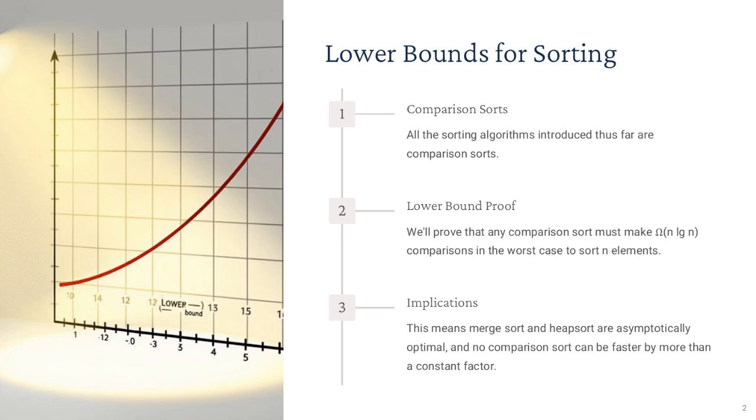This proof hinges on the structure of the decision tree model, which represents the comparisons made by a sorting algorithm. Each possible permutation of the input corresponds to a unique path in this decision tree, and with n! permutations to consider, the height of the tree determines the number of comparisons required. This result has significant implications. Algorithms like merge sort and heap sort are not just good, they are asymptotically optimal because they meet this lower bound.